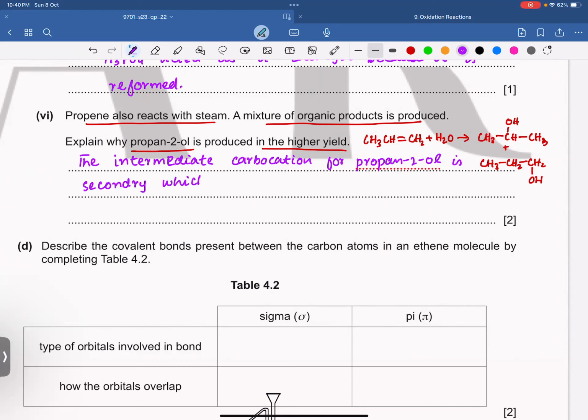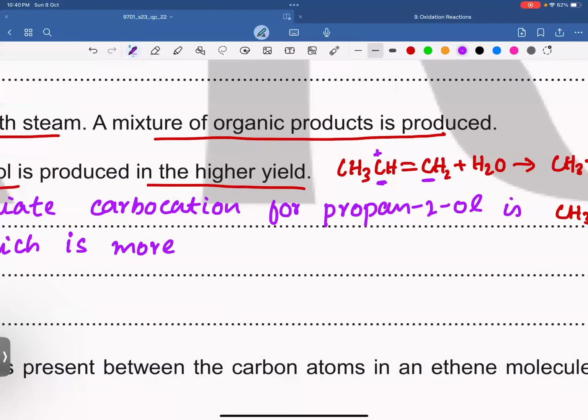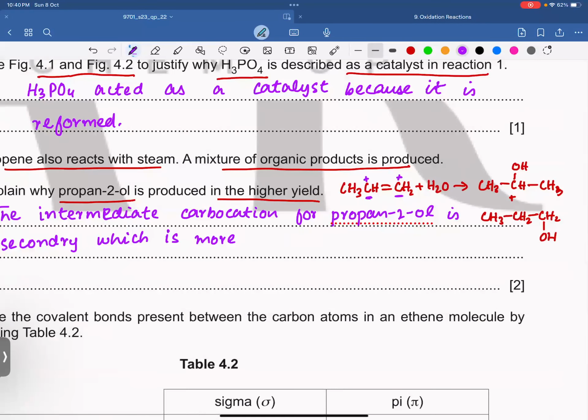which is more stable than primary, because the other carbocation would form having a positive charge on this carbon and on this carbon. There are two possibilities, right? So when this one becomes a positive carbon or carbocation, then we will get propan-2-ol, and when this one becomes a carbocation, we will get propan-1-ol, and that one is a primary one.